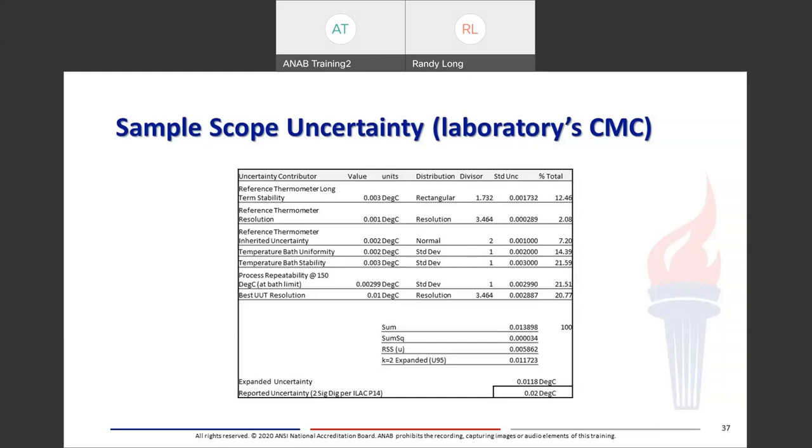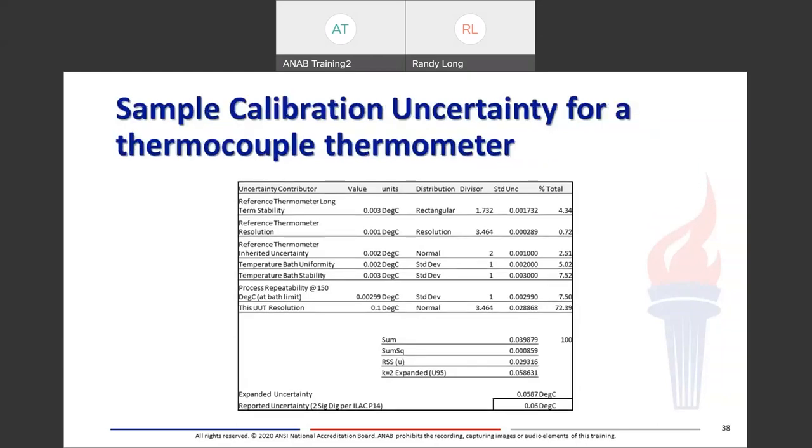Now we have an uncertainty for the laboratory for their scope of accreditation of 0.02 degrees C. So if I take this same uncertainty and I replace the resolution with a thermocouple type thermometer device, you can see that the uncertainty best case scenario is going to go up to 0.06 degrees C.